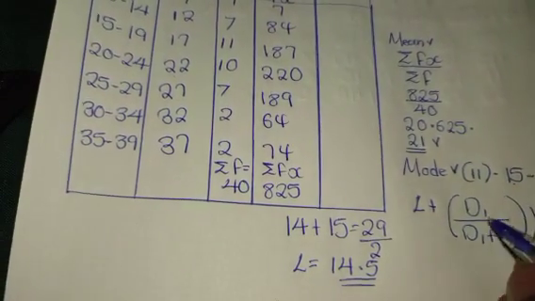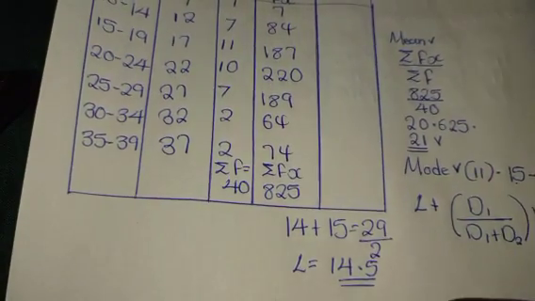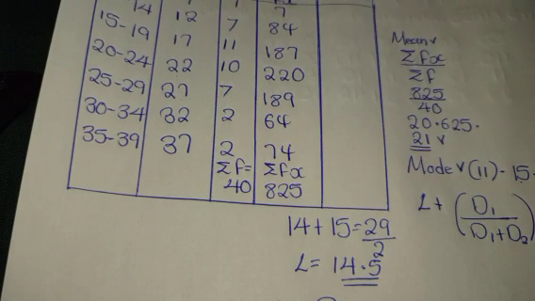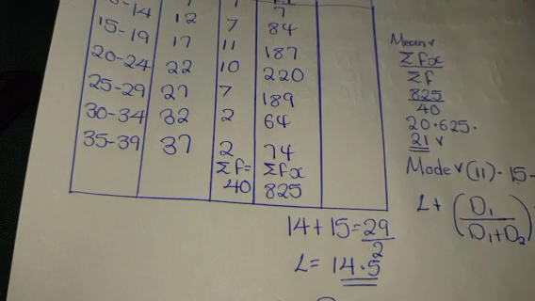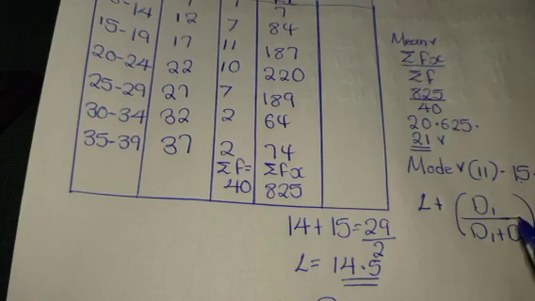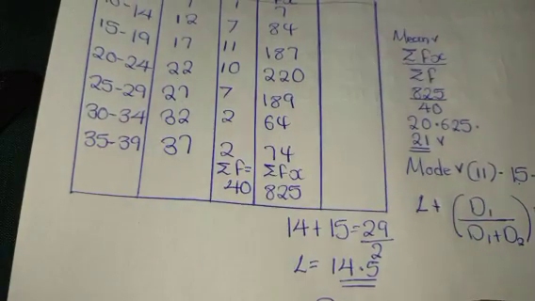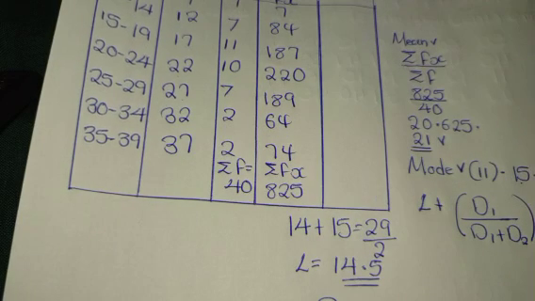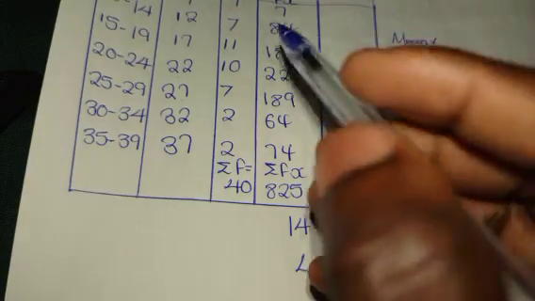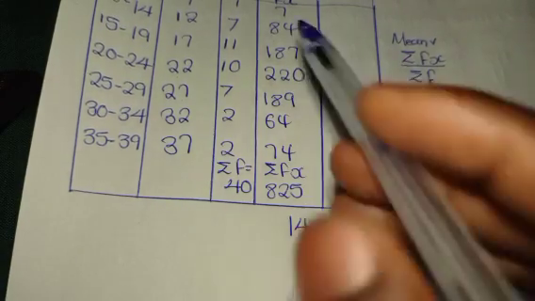Then for you now to find D1. D1, basically what it is, remember the mode class, we got it to be 15 to 19. So D1 is simply the difference between the mode frequency class and the previous frequency class. In this case, the mode frequency class was what?